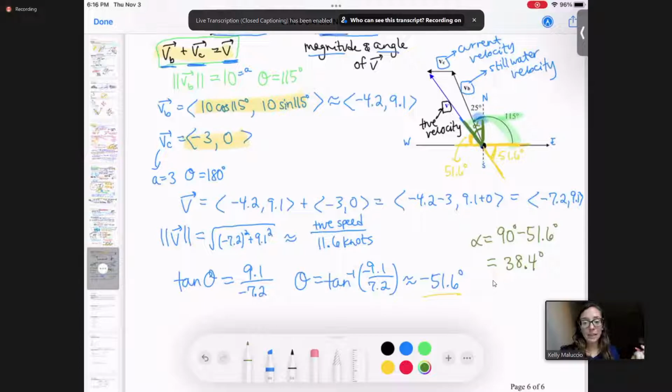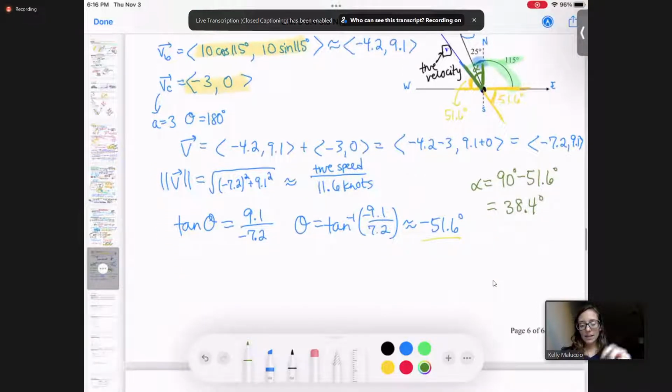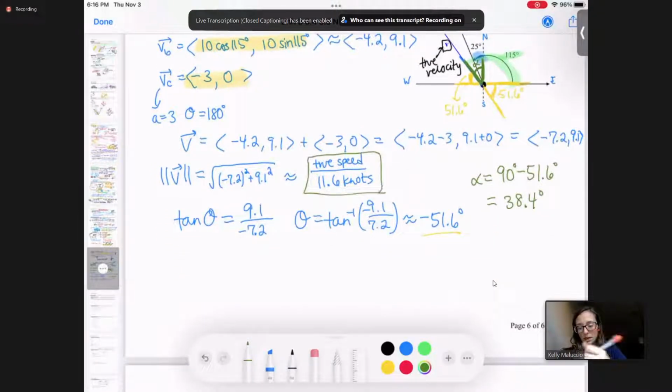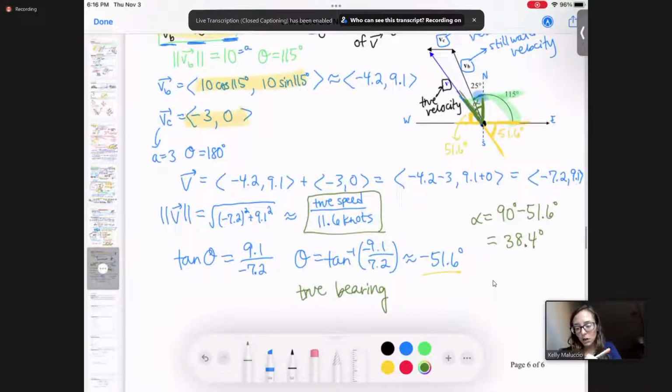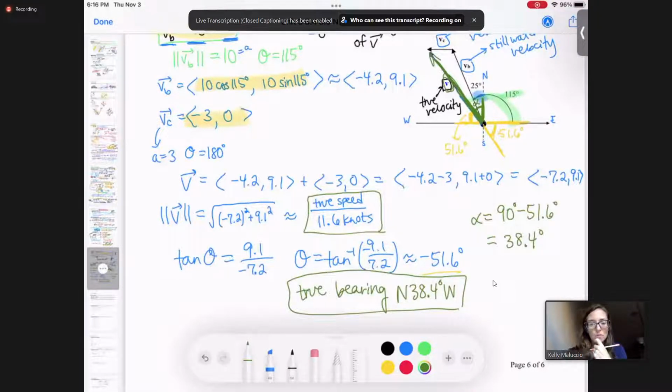So here was my true speed and my true bearing. It's just the angle measure. But keep in mind, what direction am I going? This big thing here was my vector V, and so I was going north 38.4 degrees west.